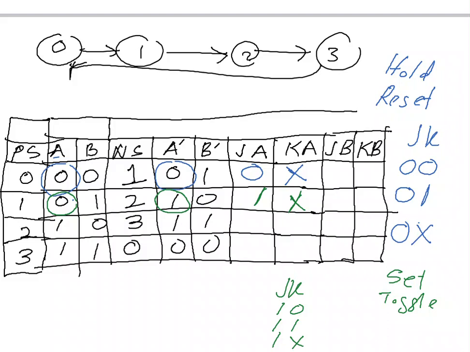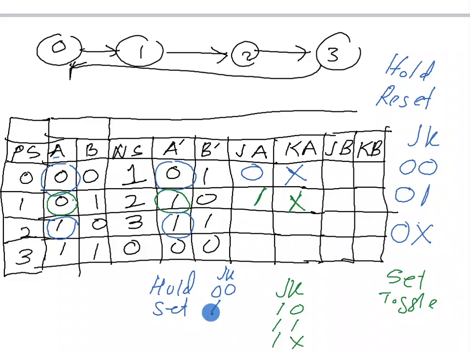Next, let's take blue again. This one, 1 to 1. What mode is it? 1 to 1, it is hold or set. If hold, JK is 0 0.